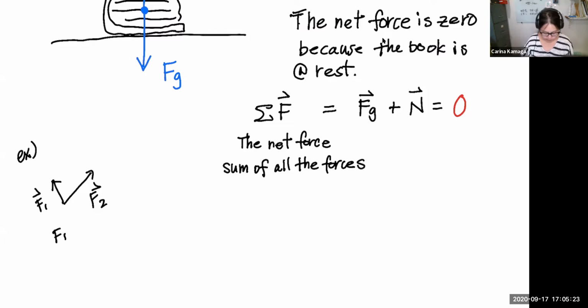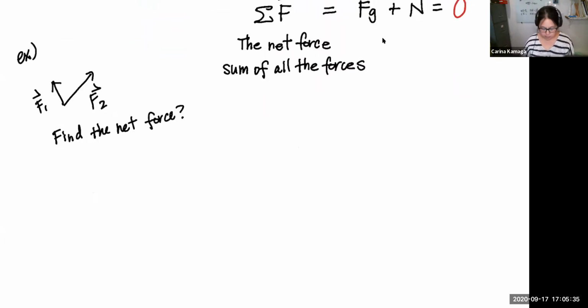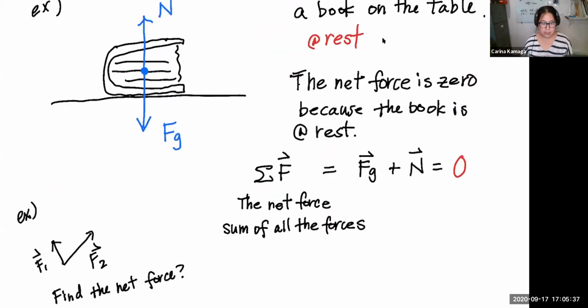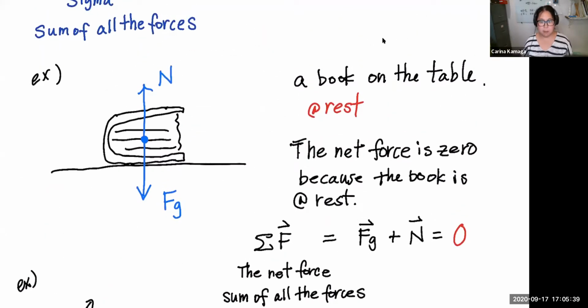Can you find the net force? For example. But anyway, in the first example that we just did, the book at rest on the table, we have a net force of 0, right?